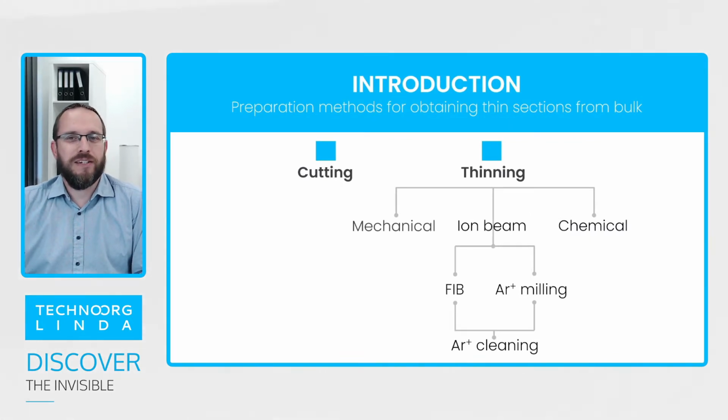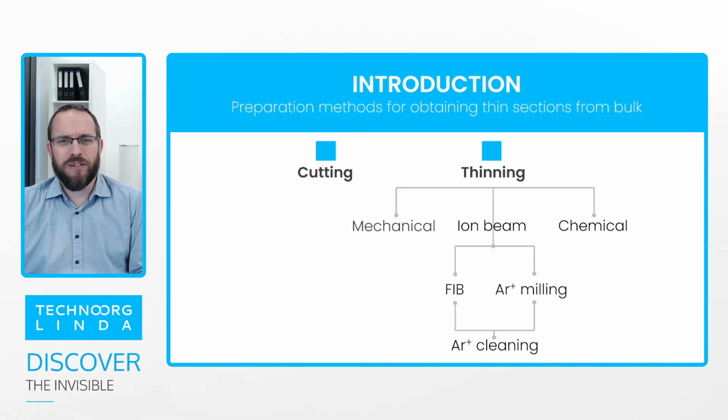let's see how we can get thin sections from bulk. Obviously, one way is cutting the sample with a microtome or pulverizing it to small pieces to get electron transparent regions. But we are going to talk about thinning today, that is eroding the sample surface until it gets very, very thin. You can do it mechanically, even down to atomic resolution samples, or you can do it chemically.